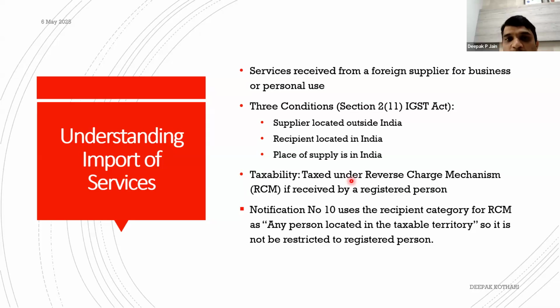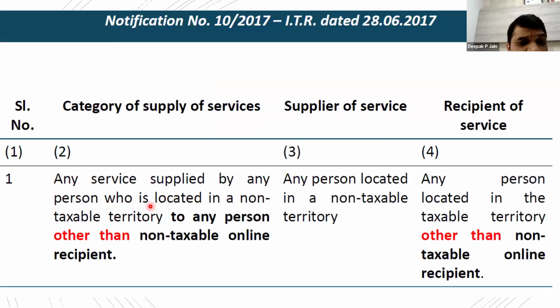Now to pay the tax on that, you have taxability under the reverse charge under section 9. I will take you through notification number 10, which says any service which is supplied by any person who is located in a non-taxable territory to any person other than a non-taxable online recipient is the category of service which is liable for reverse charge.